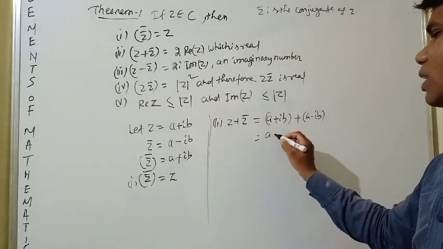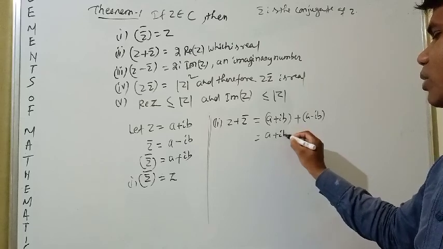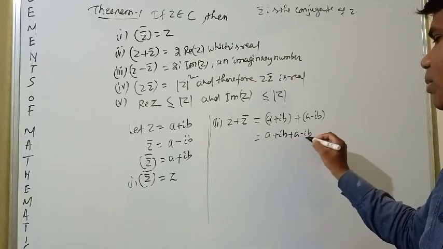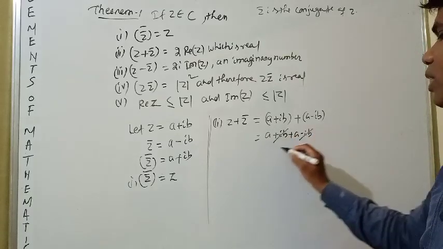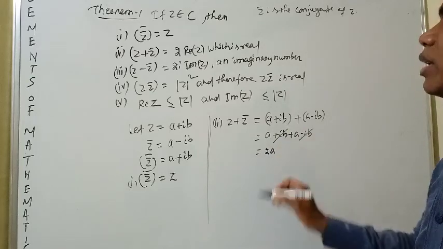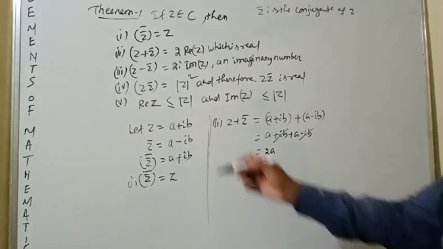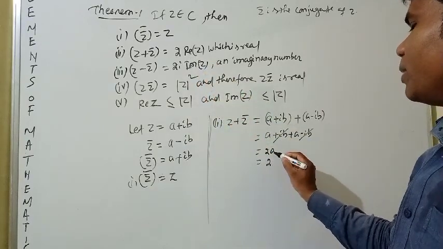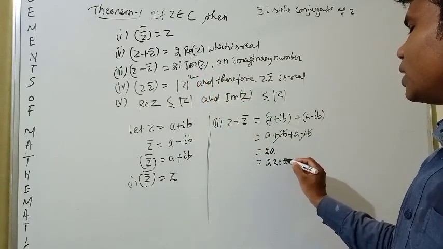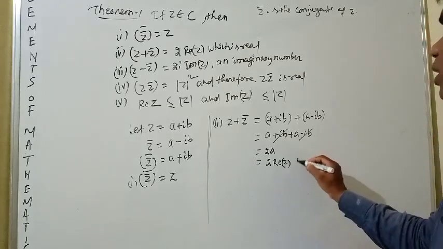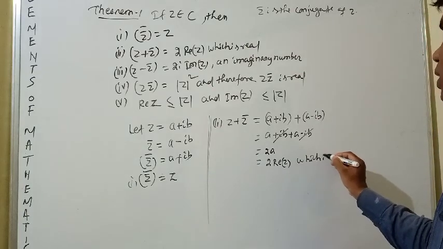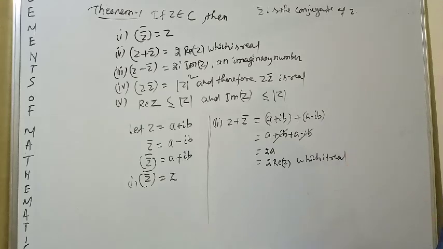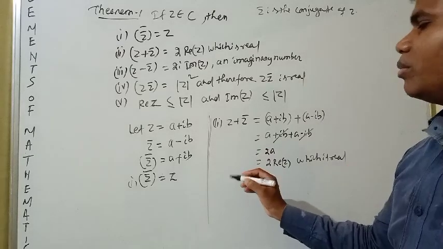If you add these two, A plus IB plus A minus IB, the plus IB and minus IB cancel out, that is 2A. 2A is 2 times the real part of Z, which is real. This is your bit 2.